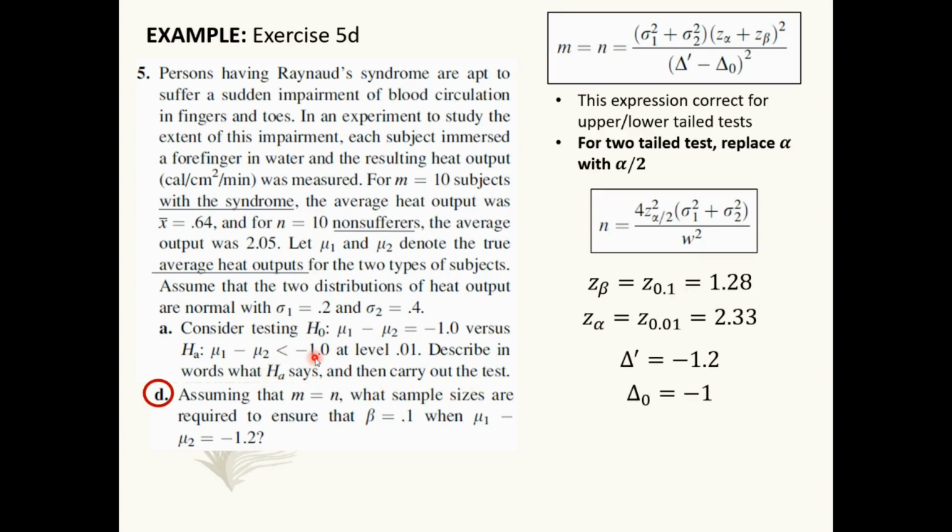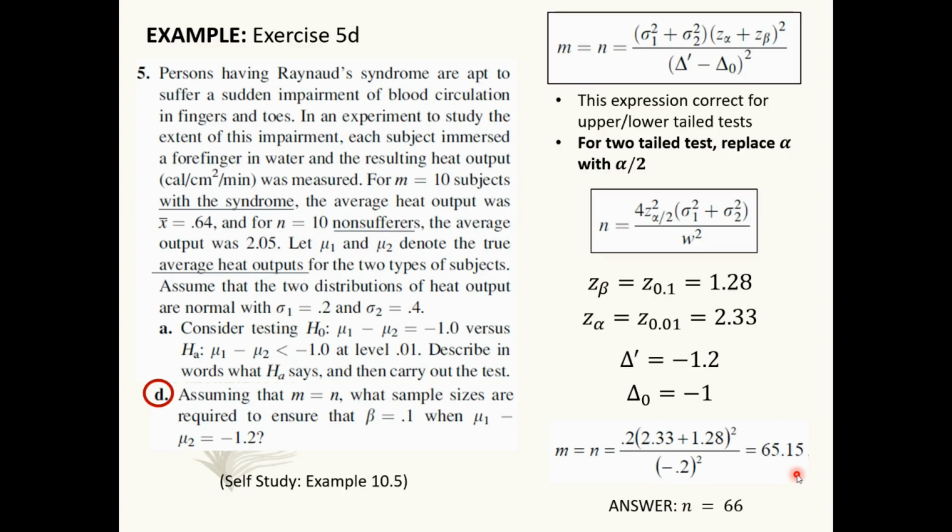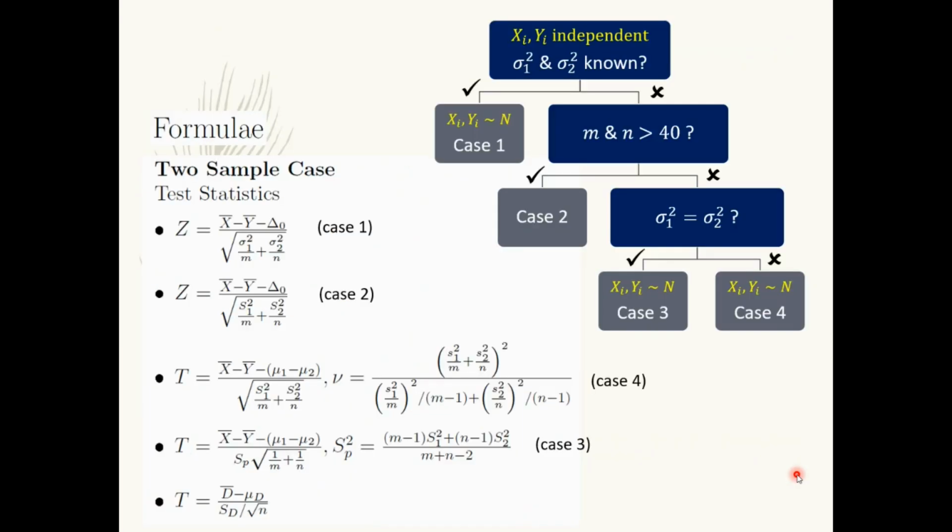And then the other things are given in the question, minus 1 and then minus 1.2. And when you substitute, you end up with 65.15, and you must remember to round up to 66. And for further practice, have a look at example 10.5 in your textbook.